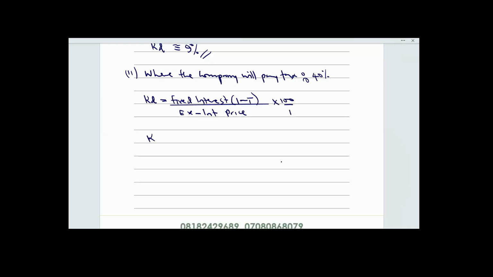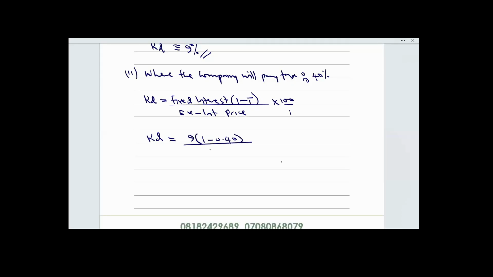So cost of irredeemable debenture, the interest is 9%. The interest rate given to us is 9%. I said I always forget about the percentage. Just put 9 there because you are still going to multiply that 9% by 100. So when you multiply 9% of 100, we are going to get 9. Multiply by tax rate, which is given to us as 40%. Therefore, 1 minus 0.40, divided by the ex-interest price.